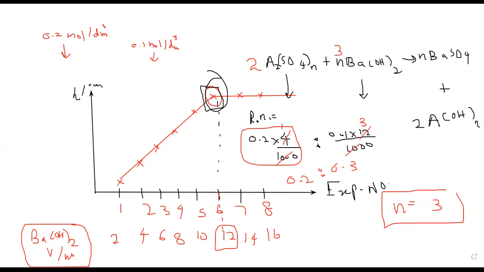Both the second and third questions are answered. So 0.2 is the moles of A2SO4 reacted, times 4, which is the milliliters, over 1000 to liters, and then the ratio is 0.1.